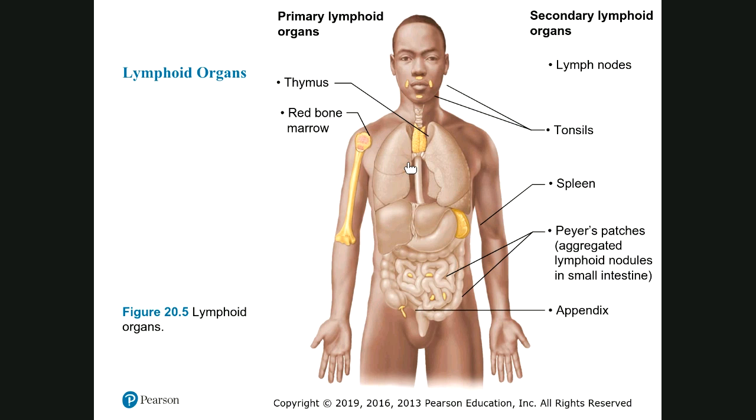The thymus continues to increase in size through childhood, where it's highly active. However, after puberty, it gradually atrophies, meaning it's smaller, and by old age, it has been replaced almost entirely by fibrous and fatty tissue and is difficult to distinguish from the surrounding connective tissue.